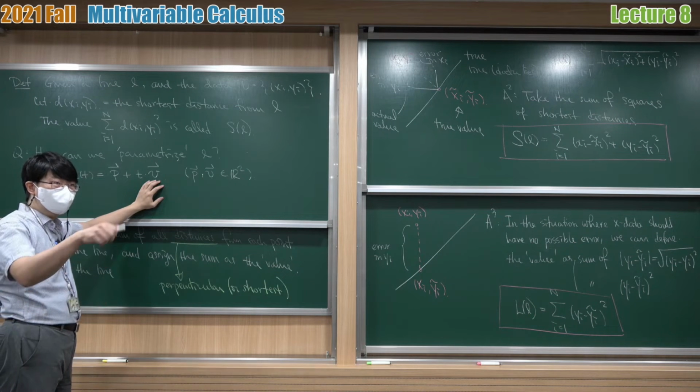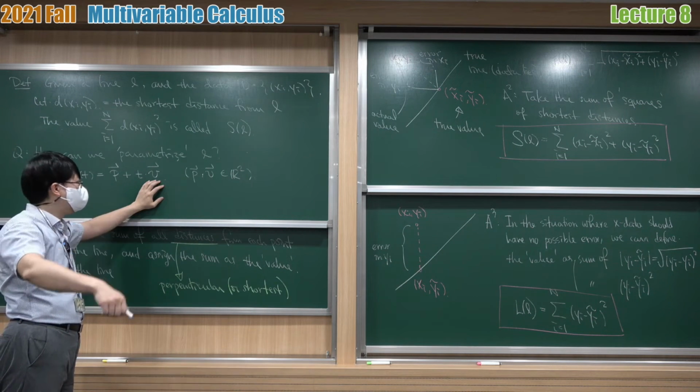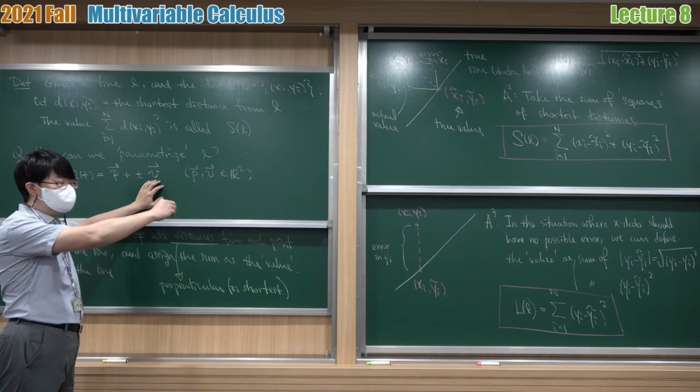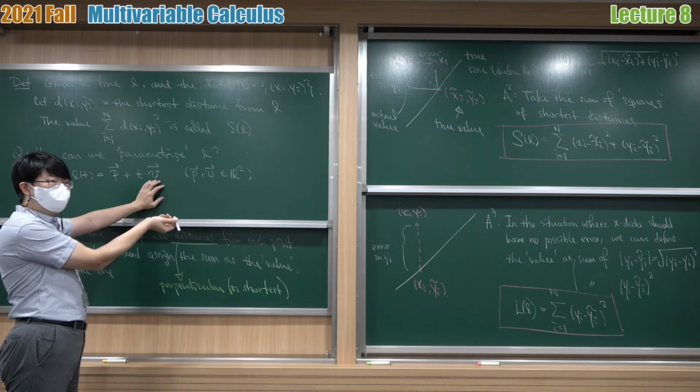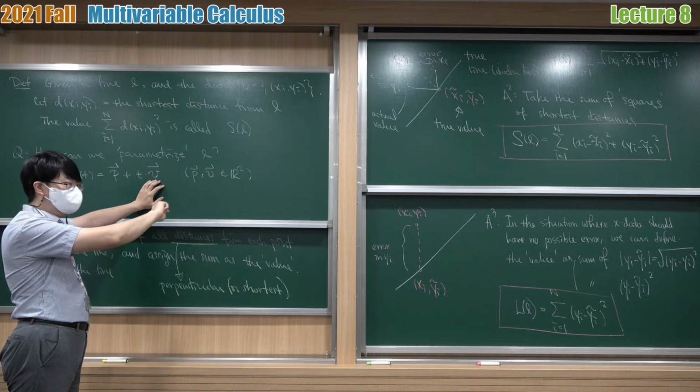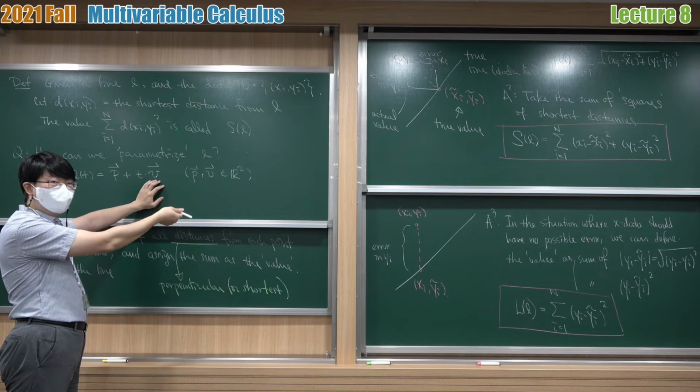Because think about V is just giving you the direction. How would you assign a direction using 1 parameter? How would you point that the vector is pointing to 1 direction using 1 parameter?